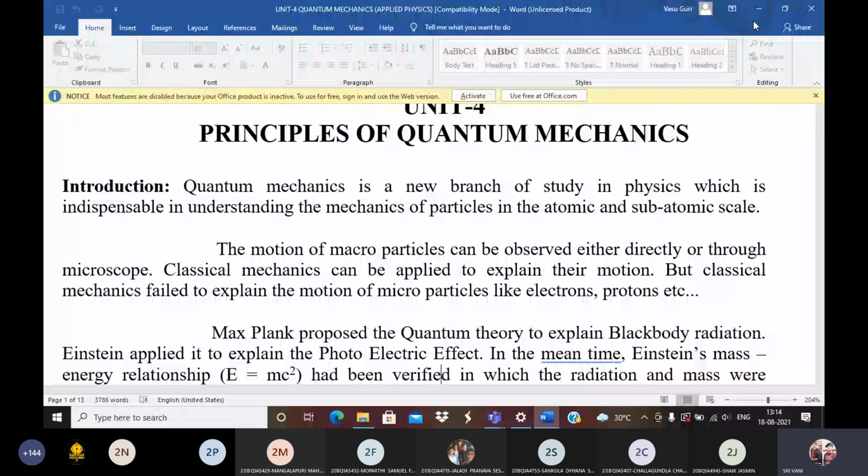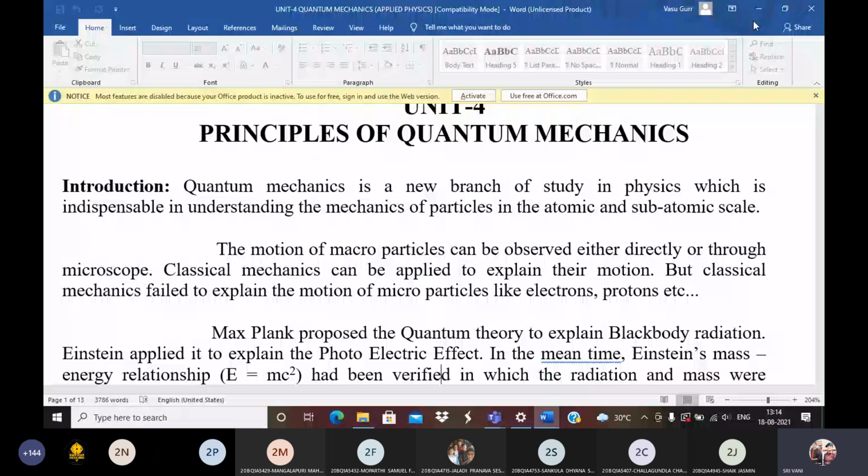Louis de Broglie explains the dual nature of matter. Dual nature means a combination of both particle nature and wave nature. In the last class, we studied the differences between them. A particle possesses mass, momentum, velocity, and energy.